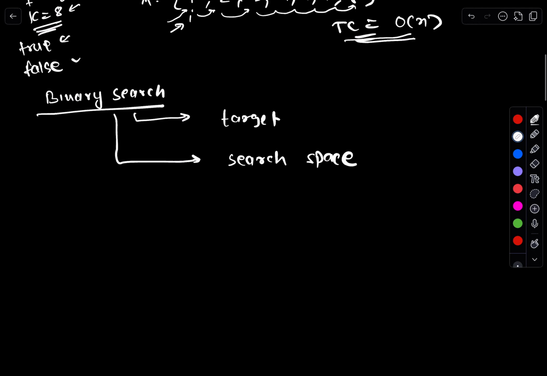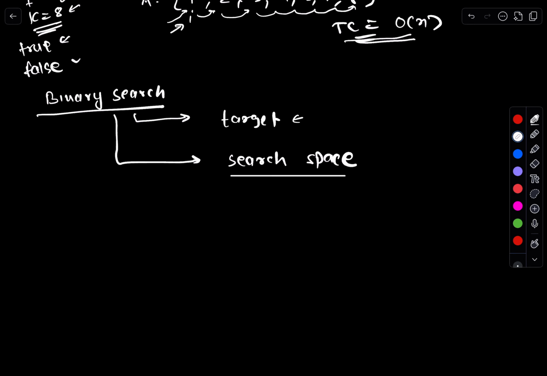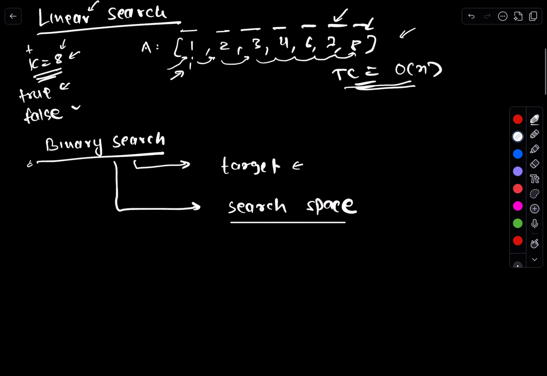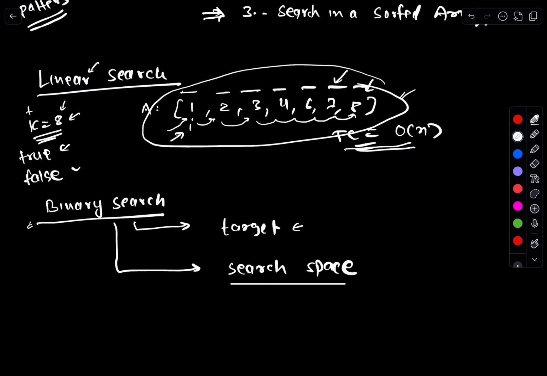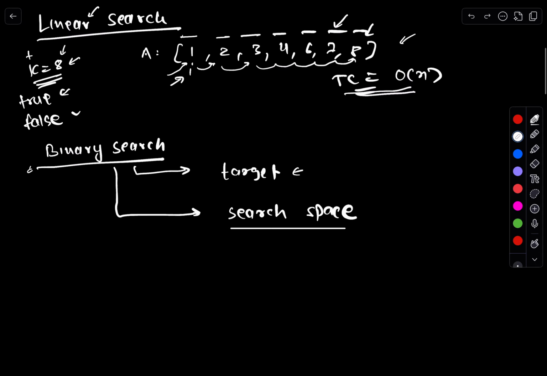The target is always required because if you don't have a target, you won't be sure what needs to be searched. And if you don't have a search space, you won't be able to apply binary search. Even linear search requires a search space. So this is the search space.